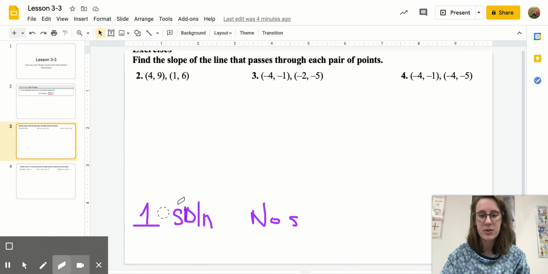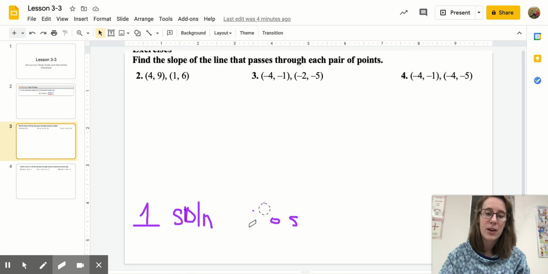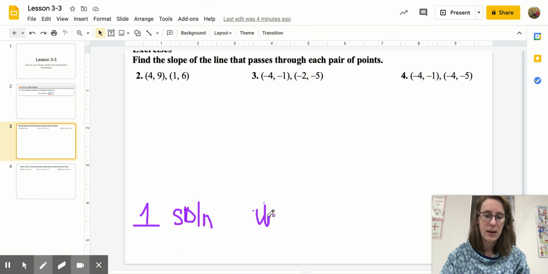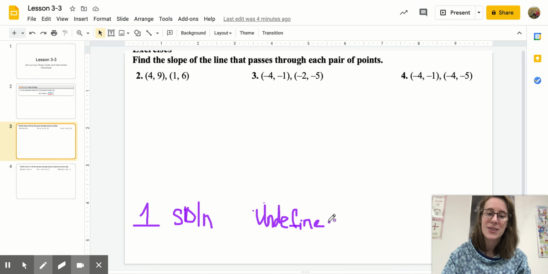Not no solution, sorry. In graphing, we're going to call it undefined. An undefined slope is talking about when we are trying to divide something by 0.